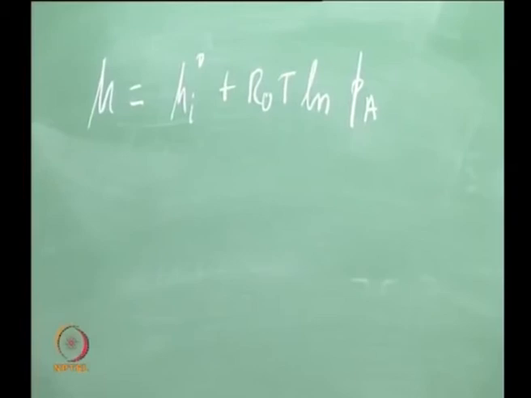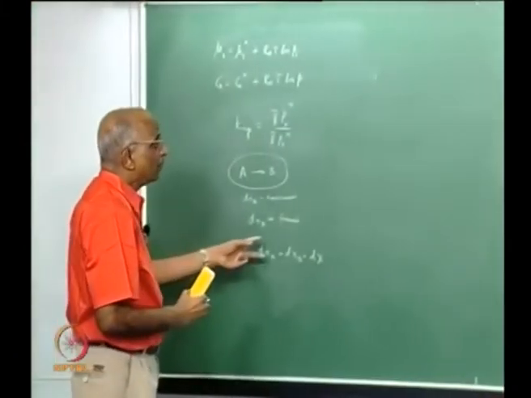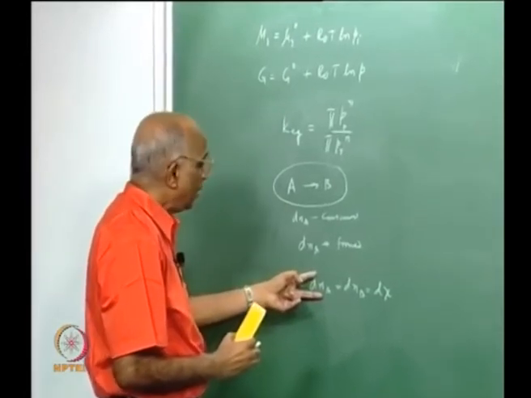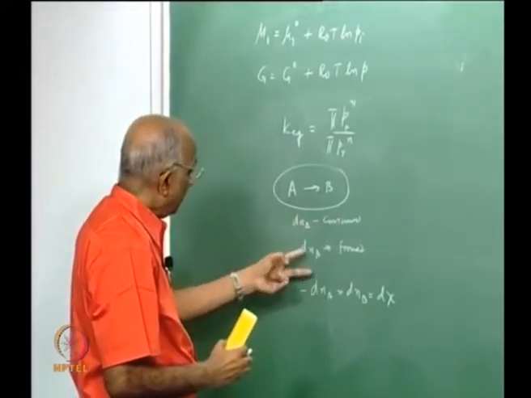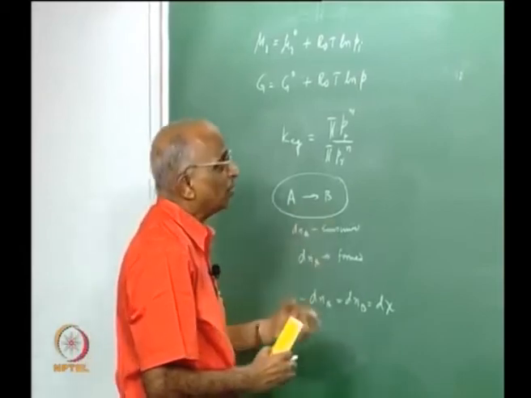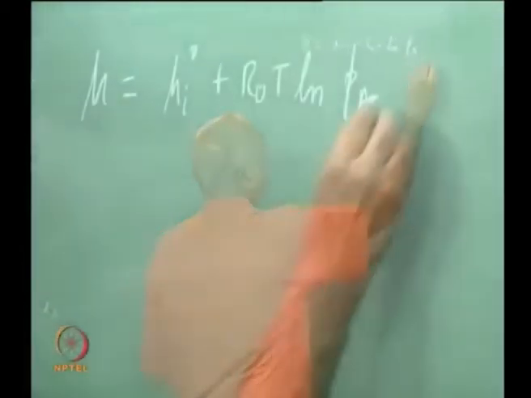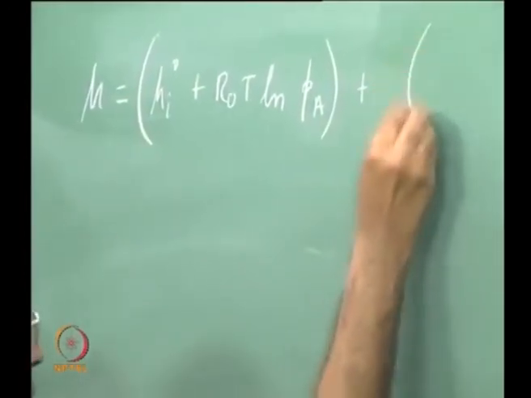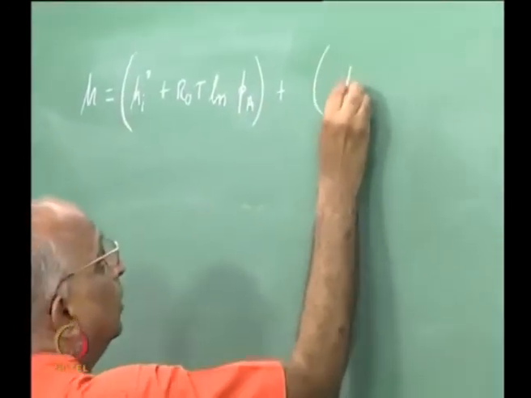This is the value of mu for this, and the chemical potential of B is going to be plus, I get, I will come back to filling this gap.